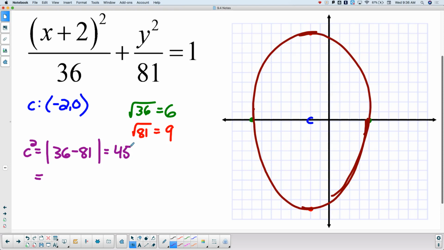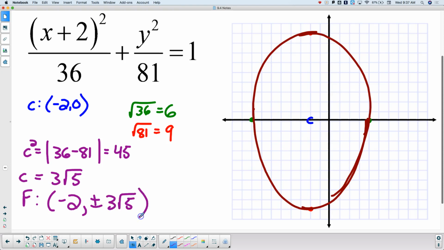Square root of 45, plus or minus 3 square roots of 5. Am I going to add that to the x or to the y of the center? Because the major axis is vertical. Okay. So that puts my foci at the point -2, comma, plus or minus 3 square roots of 5.